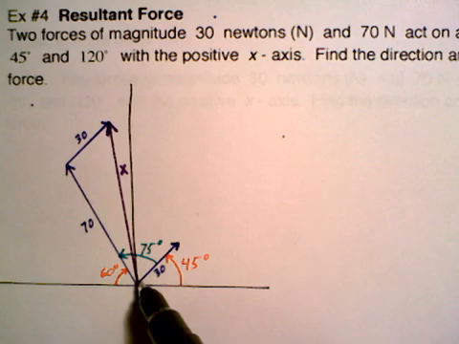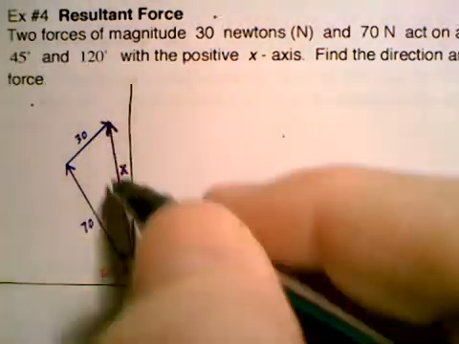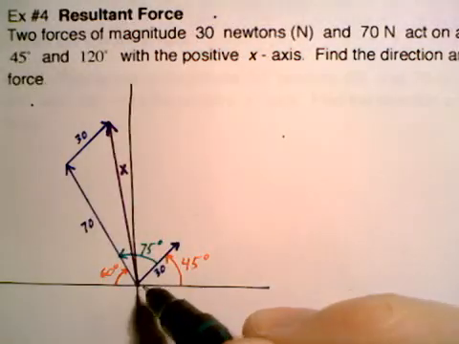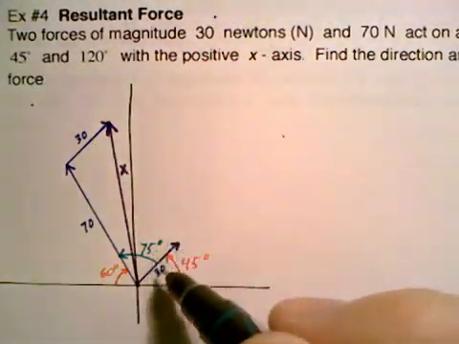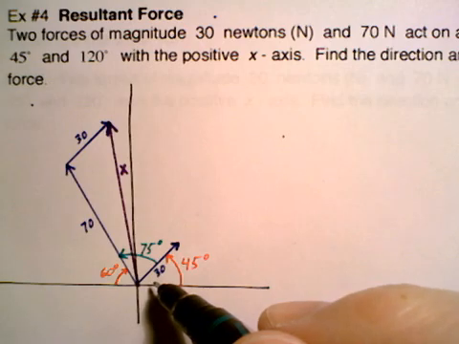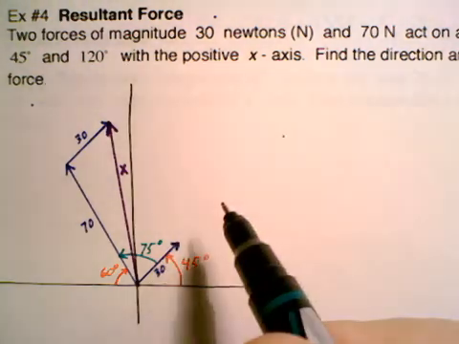So in order to add these vectors together and get the resultant vector, the resultant force of these two forces acting on the object, we have to move tail to tip. Remember when we added two vectors together the other day? We had to do that, so we have to do that here.